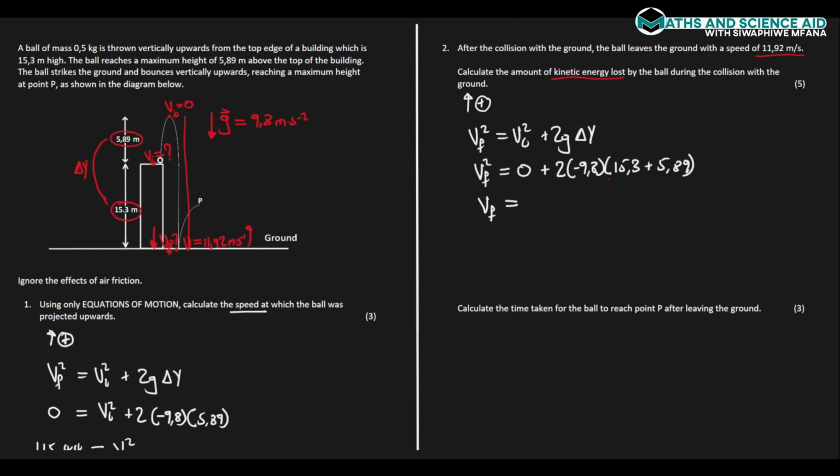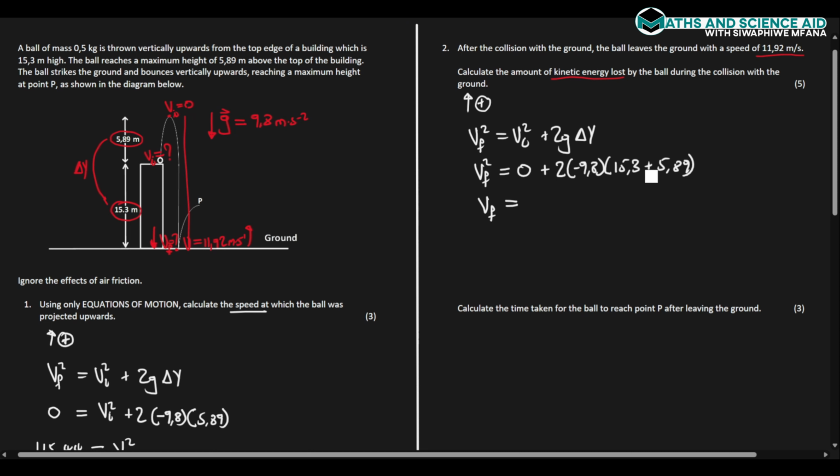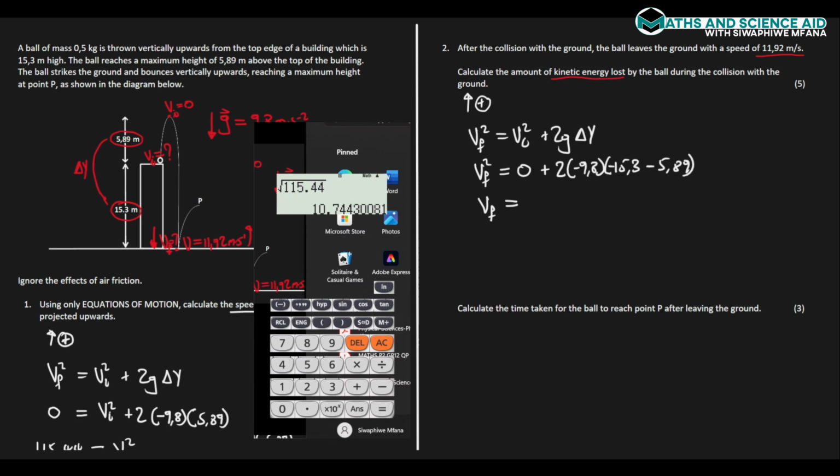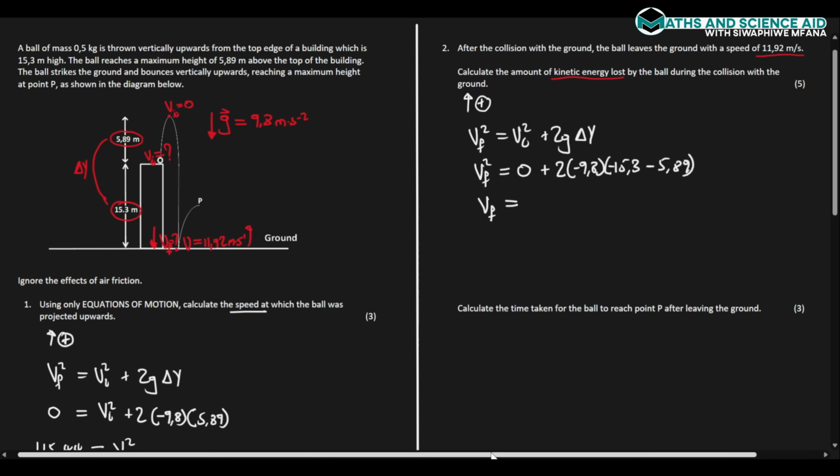Therefore, the displacement must be negative as well. So to make this easy, I'll just make the signs for 15,3 and 5,89 negative. So now that I have corrected that, we can just substitute everything into the calculator.